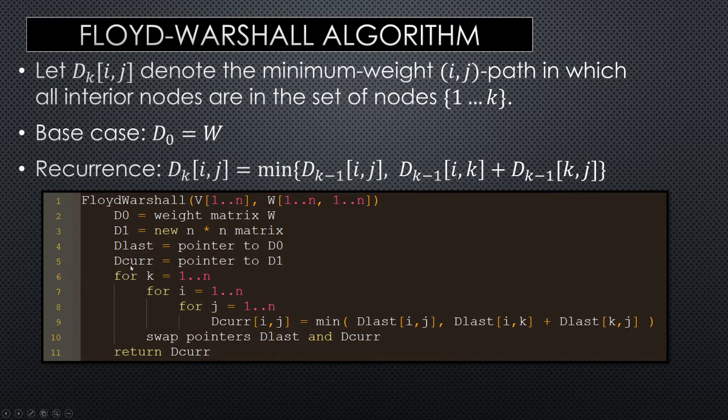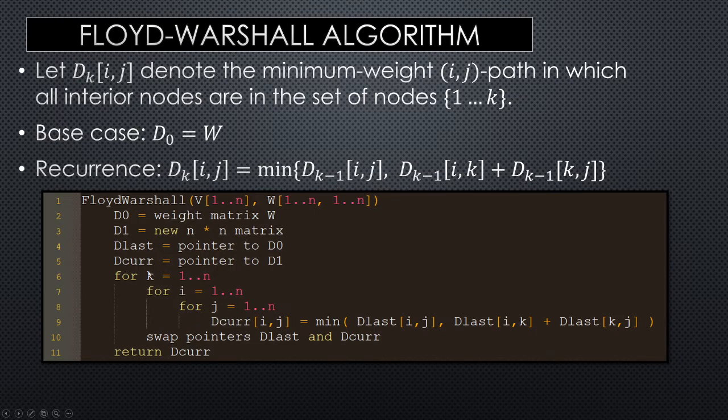And instead of having an actual n by n matrix for every possible value of k, we're just going to make use of this space-saving technique that we've seen a couple times in my sections, where if you have dk that's an n by n matrix and it only refers in the recurrence to dk minus 1, I don't need to keep dk minus 2 around when I'm computing dk. I can throw out dk minus 2, or I can reuse dk minus 2 as the new array dk. So that's exactly what we're going to do here.